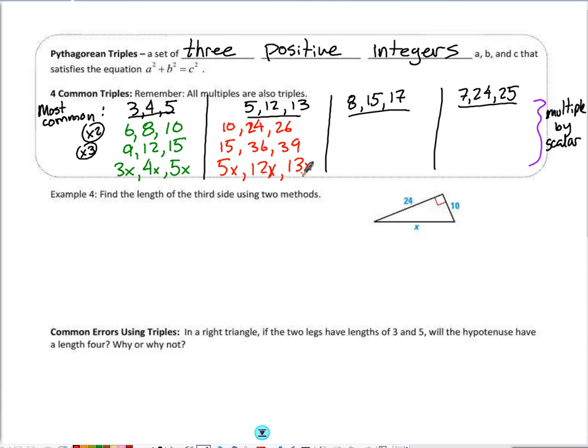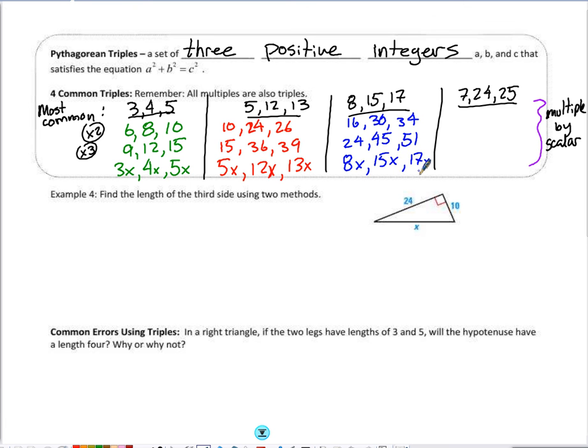We also have 8, 15, 17, which, if I multiply them all by 2, I end up with 16, 30, and 34. For multiplying by 3, I end up with 24, 45, and 51. So that triple multiplied by any scalar will give me a right triangle.